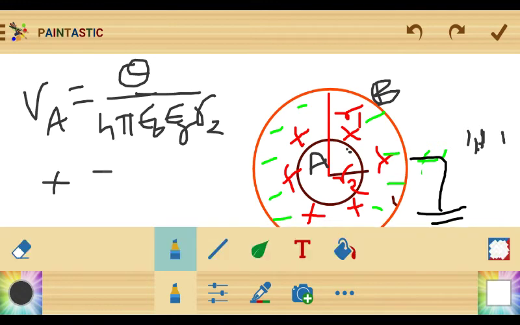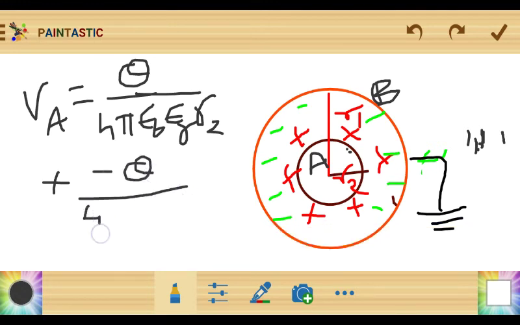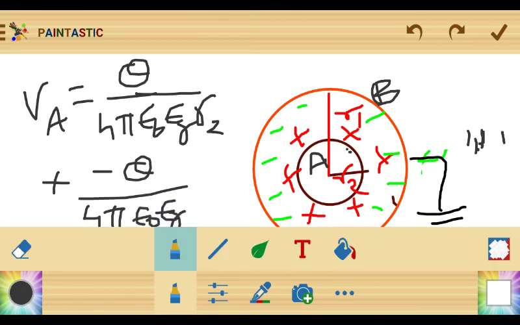So it is minus q upon 4 pi epsilon 0 epsilon r1. There are two terms but both have different radii, so you cannot cancel them. On the surface the distance is r2, and on the inner surface of B the distance is r1. So that is why the potential difference is this much.